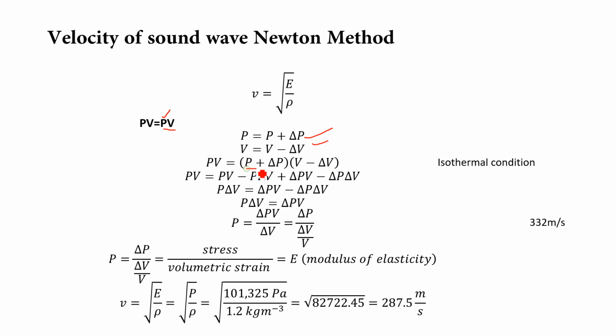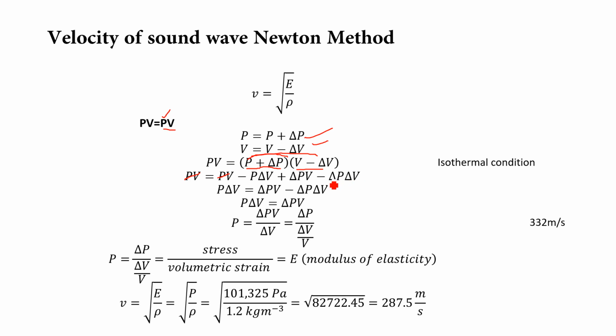Now multiplying these terms, P plus del P and V minus del V, will give P multiplied by V and then P multiplied by minus del V, so we have minus P del V. Now multiplying del P with V, we will have plus del P V minus del P del V. Now in this equation, the PV term will cancel out with PV, and when the change in the pressure is very small, then the change in the volume is also very small.